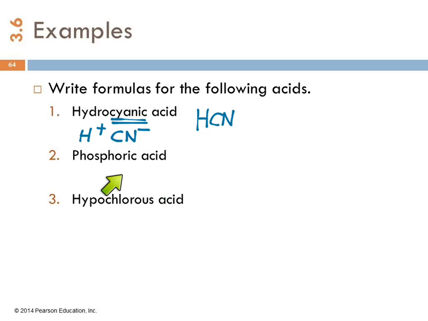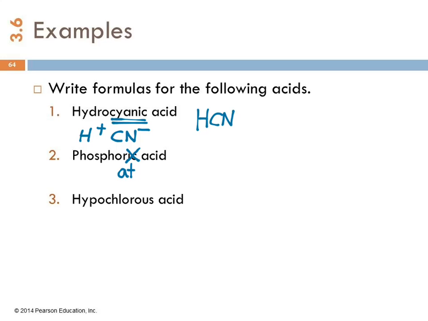Okay, so phosphoric acid, is this a binary acid or an oxyacid? It's an oxyacid. We can tell that because it doesn't have the hydro prefix. So what that means is we have to take this ic ending off and change it to what?